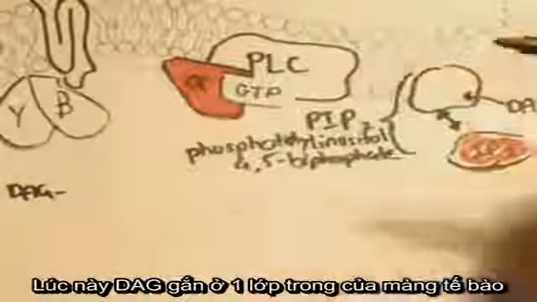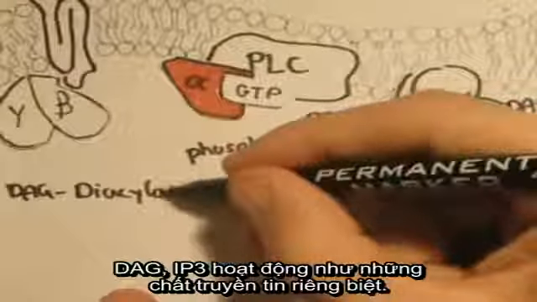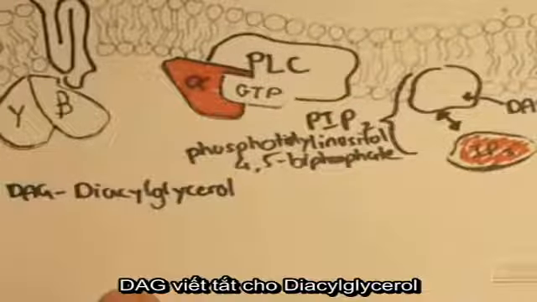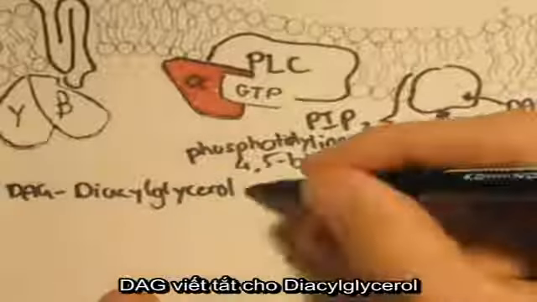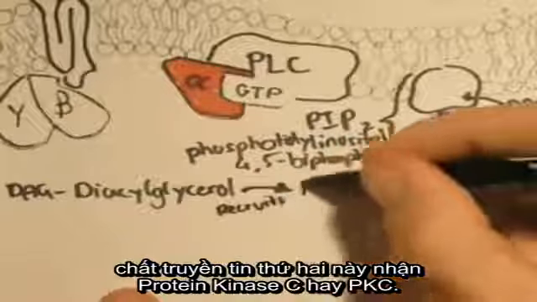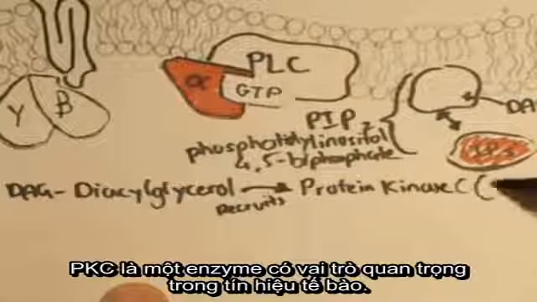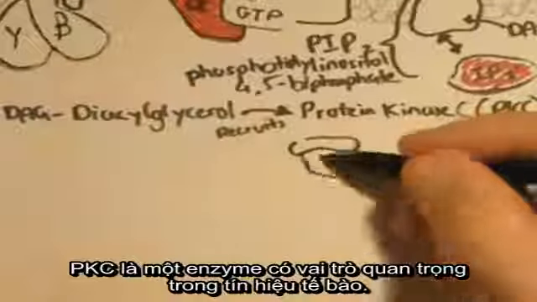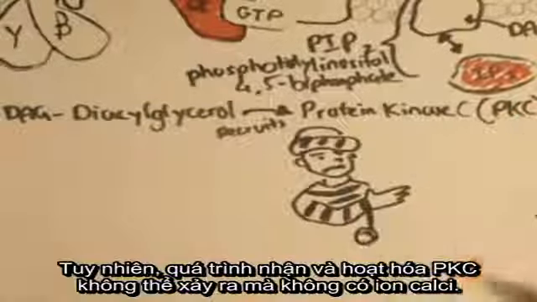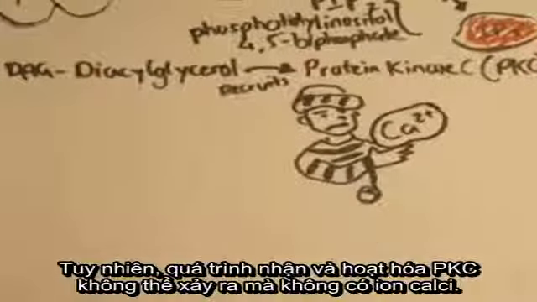The hydrolysis of PIP2 yields two products, DAG and IP3. DAG stays attached in the inner layer of the cell membrane due to its hydrophobic properties. DAG and IP3 act as separate messengers. DAG stands for diacylglycerol, and this second messenger recruits protein kinase C, or PKC.